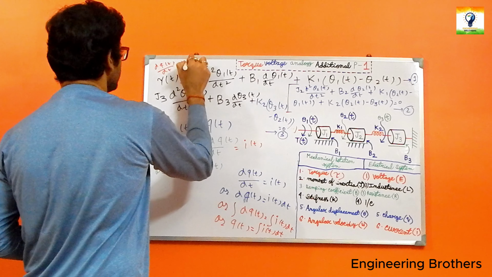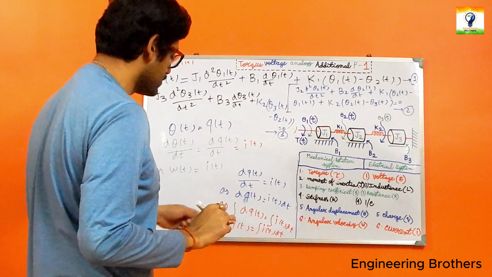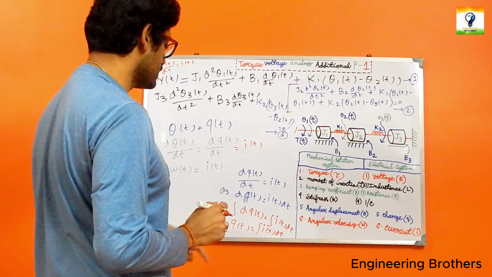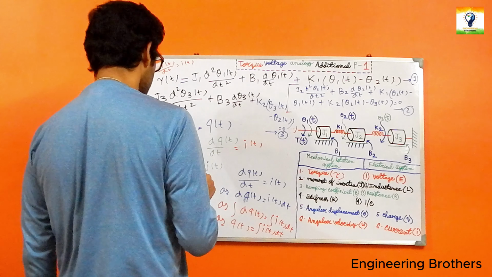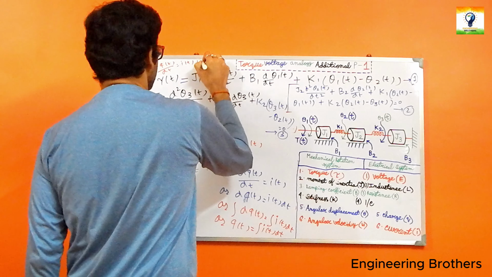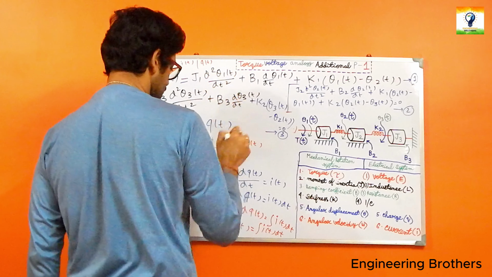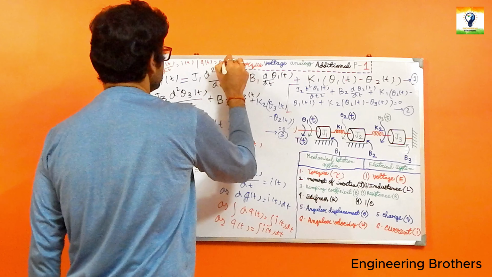This is our first relation, and our second relation will be our qt, which is nothing but integration of it dt. So the qt is our integration of our it dt.